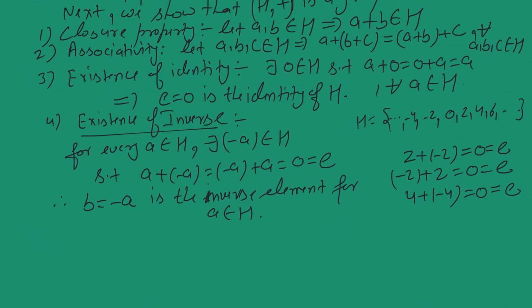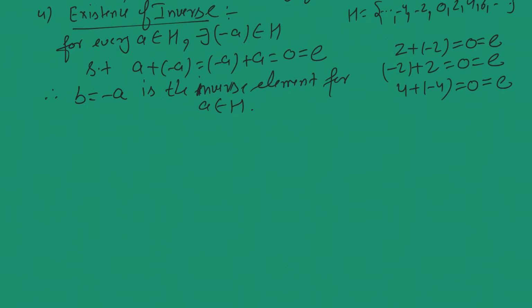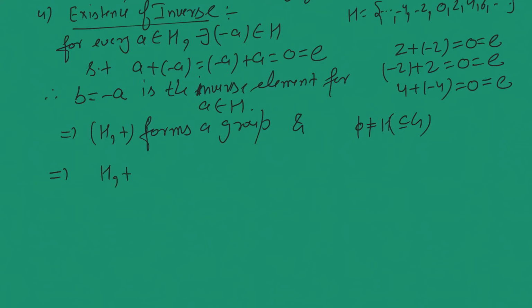Therefore, there is no exaggeration in saying that H with respect to binary operation plus forms a group and it is a non-empty subset of G. This implies that H with respect to binary operation addition is a subgroup of G plus.